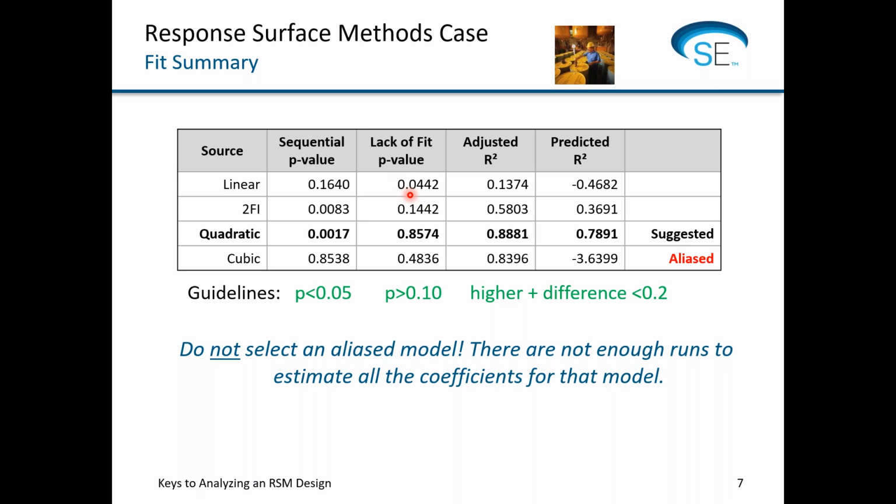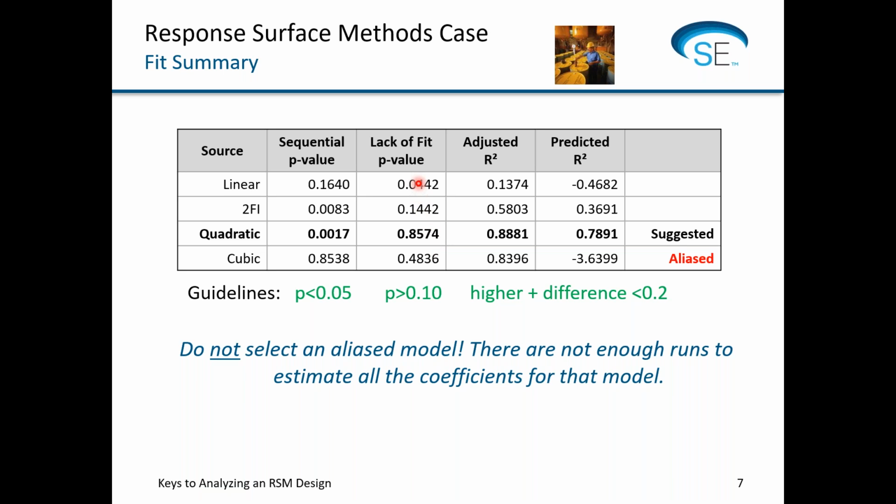So this p-value, the linear model of 0.04, indicates that linear model has significant lack of fit. It does not fit the data. Once you add in the two-factor interactions, then you are starting to fit the data. That's good. And the quadratic model is very good, very non-significant lack of fit.